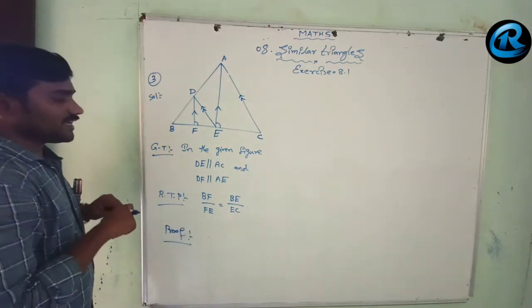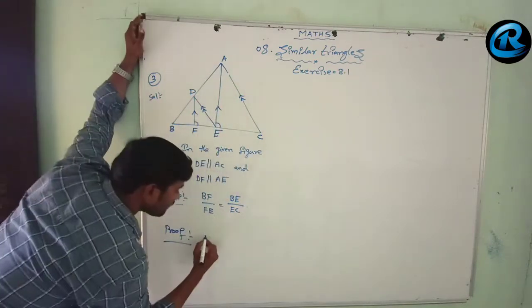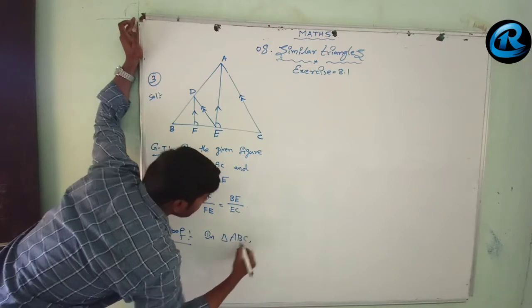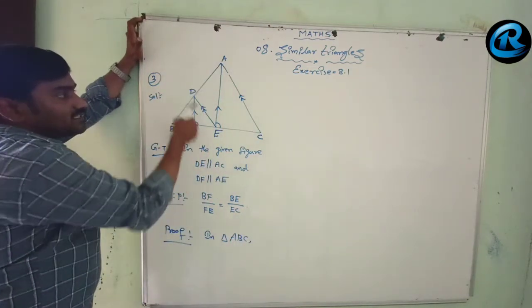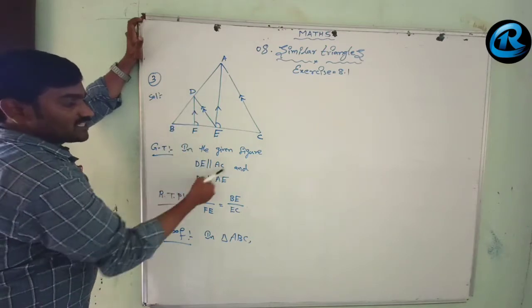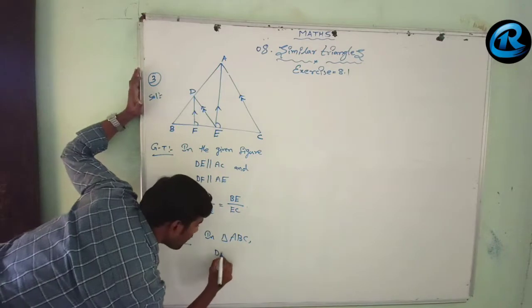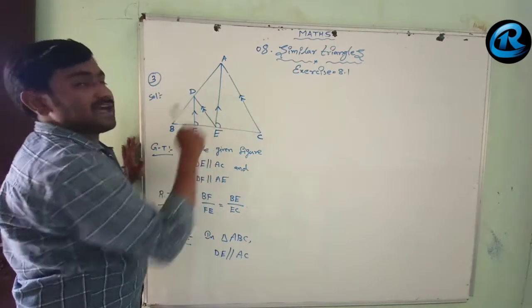First of all, in triangle ABC, as given, DE is parallel to AC. The first condition is given: DE is parallel to AC. These two are parallel.